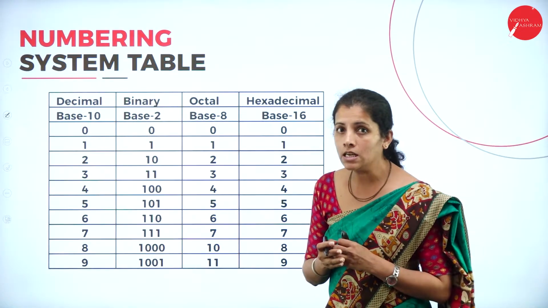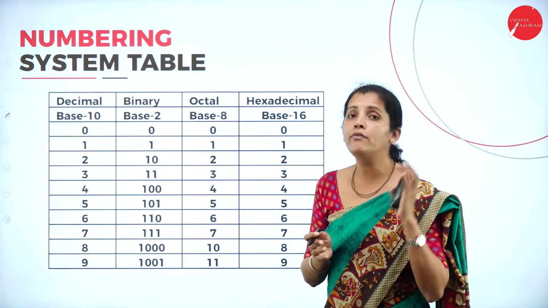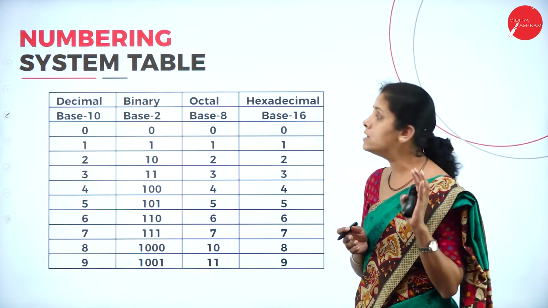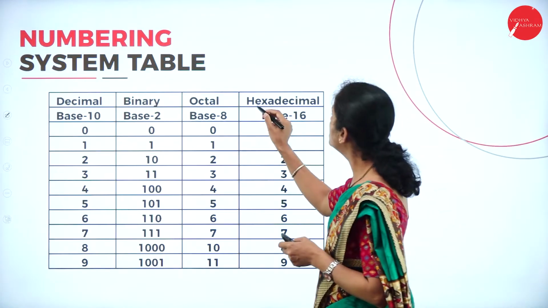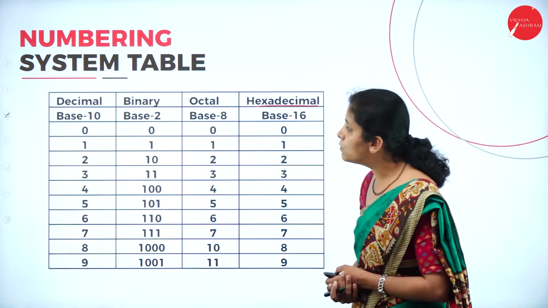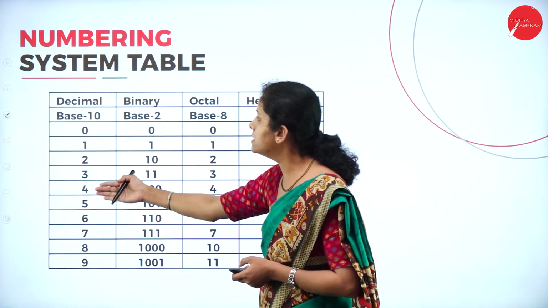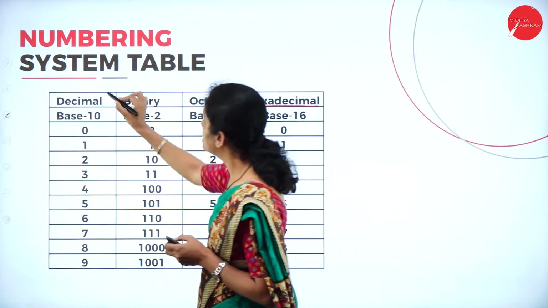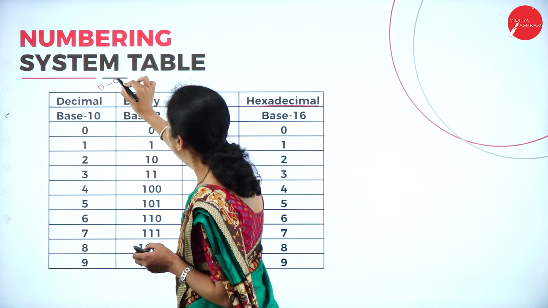So, as I discussed, we have 4 different types of number system, that is decimal, binary, octal and hexadecimal number. Now, if I consider decimal number, what is the range? It is 0 to 9.